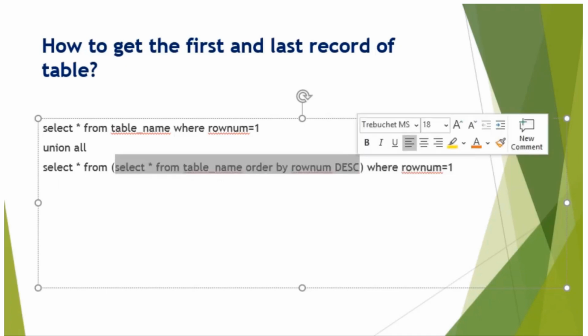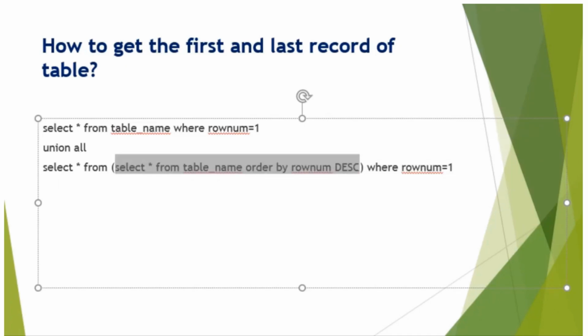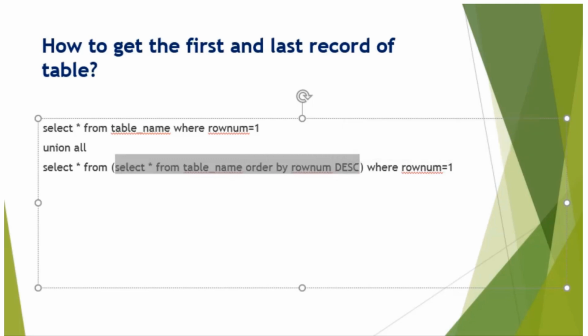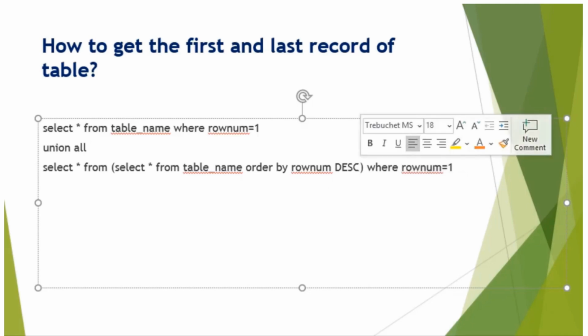So the last record will be the first record if you perform this subquery select statement, and it will pick the first record because we are giving rownum equals 1. For this select statement, again whatever results we get, it will give the rownum value from 1 to 20. So the last record's rownum value will be 1 now.